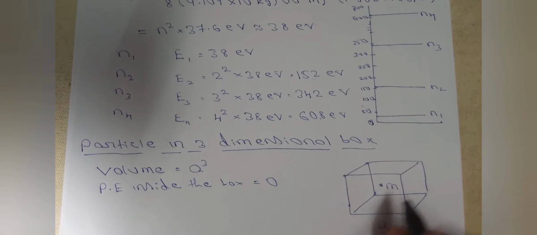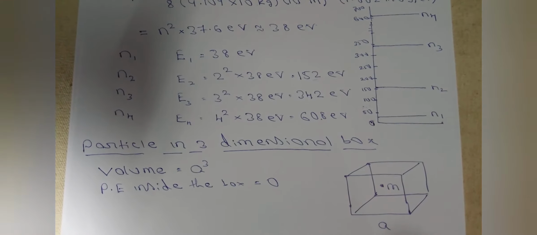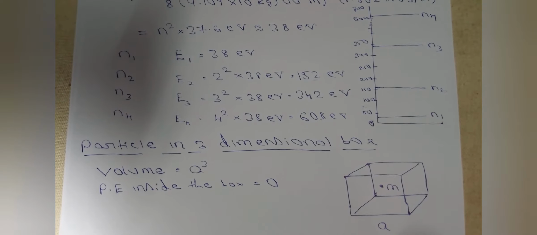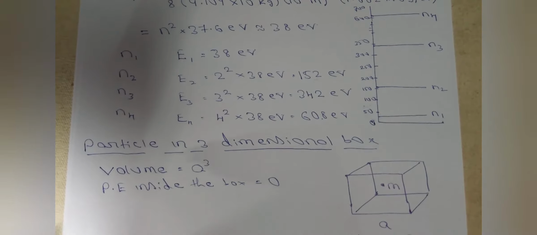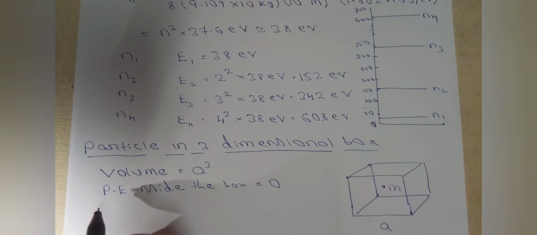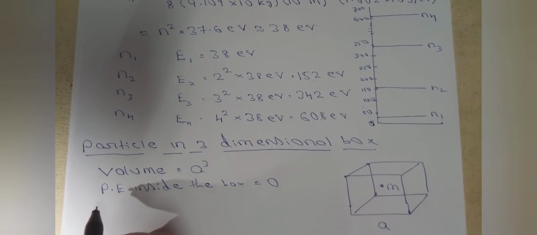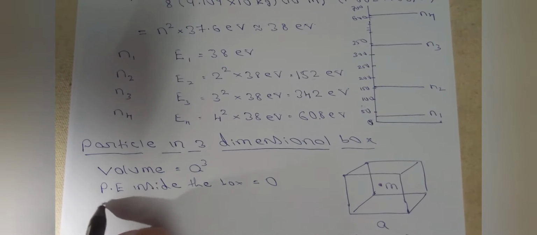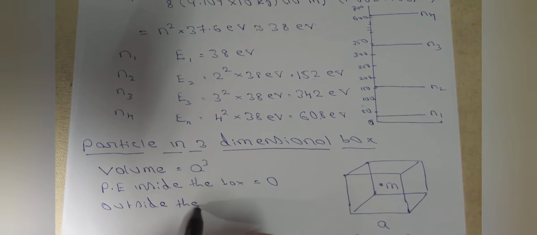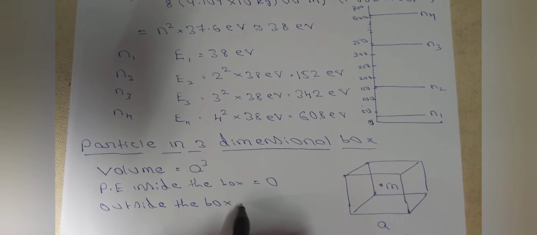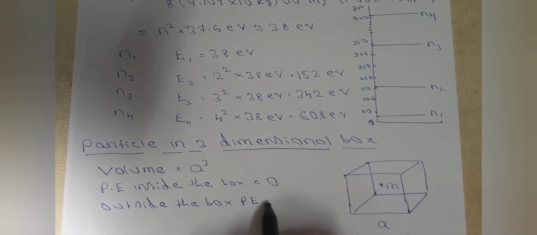Within this box, the potential energy, that is V of x, y, z, will be equal to 0. And outside the box, the potential energy will be infinity.